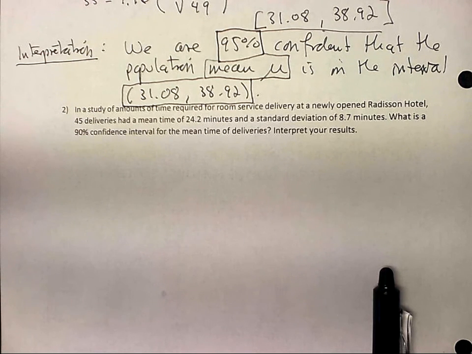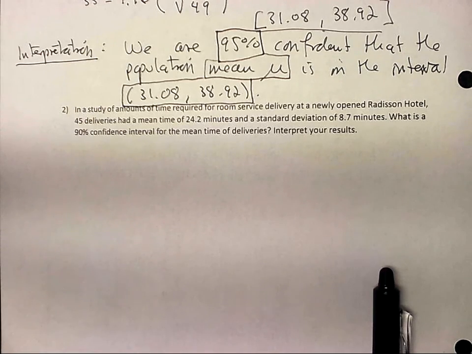They say something along the lines of, and now this is wrong, there is a 95% probability that the population mean mu is in the interval that we just calculated out. The only thing they're really changing is the word probability with the word confident. That small change makes the answer completely wrong.